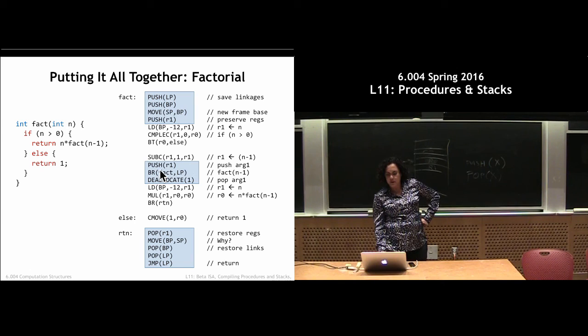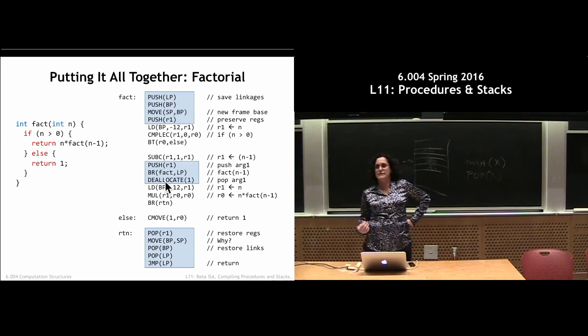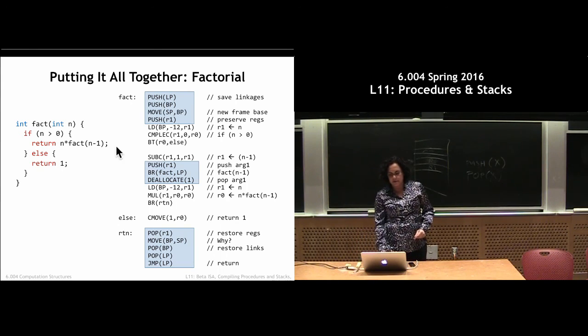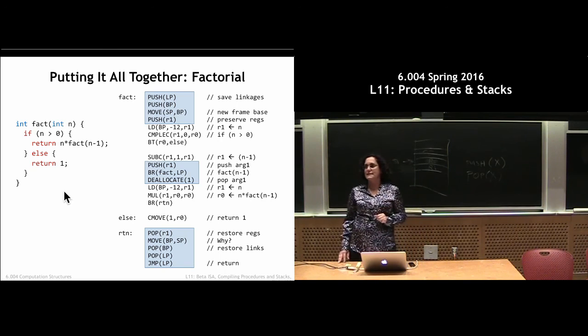And so now when we return from the recursive function, we'll know to return to this deallocate. And finally, when we return from it, you're going to do a deallocate 1 in order to take the argument off of the stack. And the rest of it is just the functionality of this, the multiply and doing your subtracts and things like that. So if you walk through it, you'll see that this will work also for recursive calls to factorial.